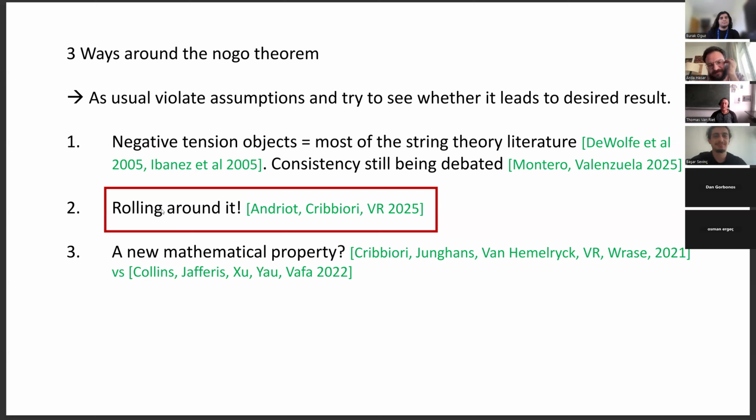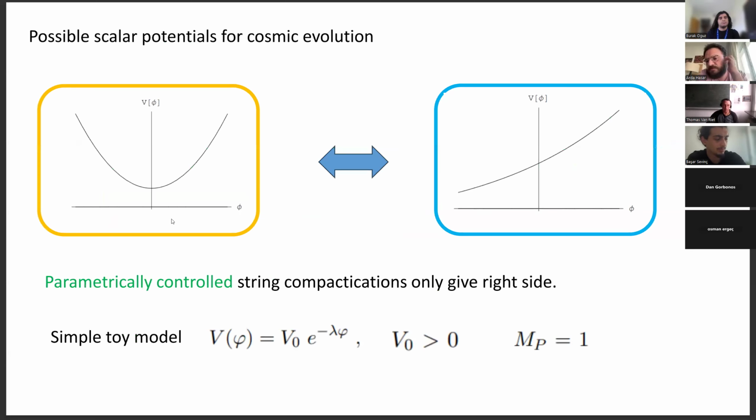And then the final thing, and I will just say it. I told you that instead of a vacuum, I can have a cosmological solution that's rolling, right? So instead of this, I can have the left side where I don't have a vacuum, but a field is rolling down a potential. And in the recent paper written with Nicolo and David Andriot, we show that, remarkably, the simplest rolling scenarios in string theory are all such that you roll towards scale separation.